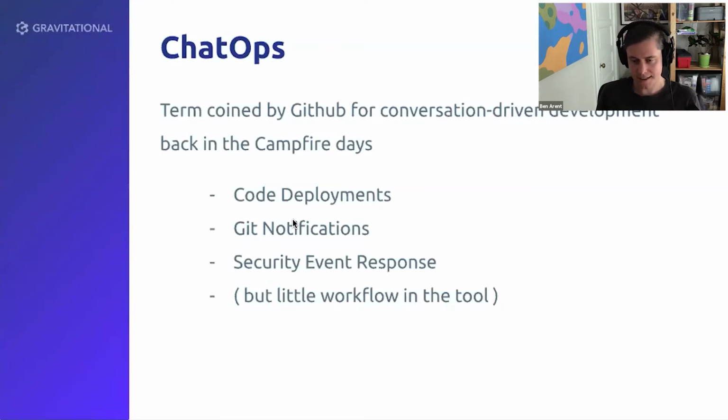And with Slack and other tools becoming more commonplace for conversationally handling your code deployments, your notifications, security event responses. But unless you integrate a tool like Lita or other chatbots, there's some sort of little workflow in that tool. And I'll go through an example of how the Teleport Slack plugin can be used to approve or deny access.